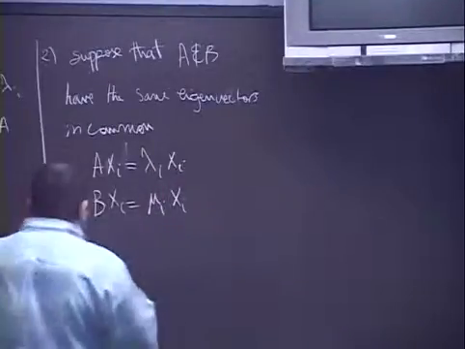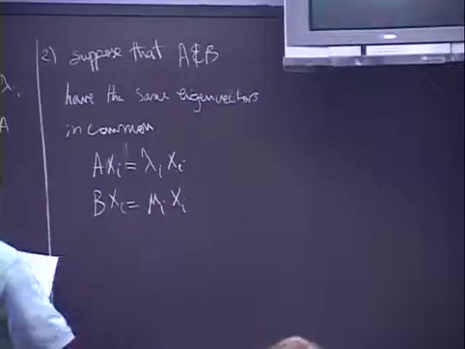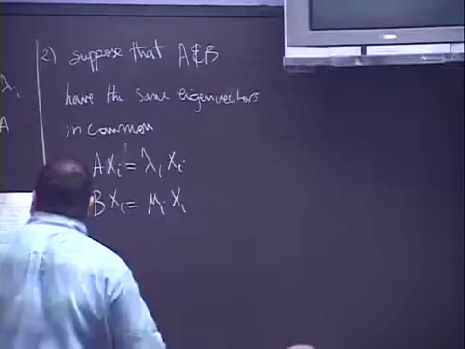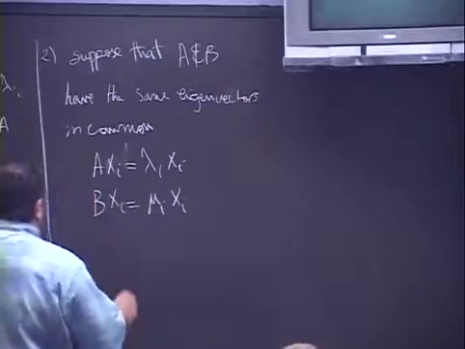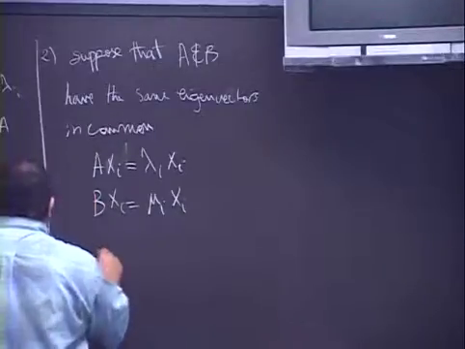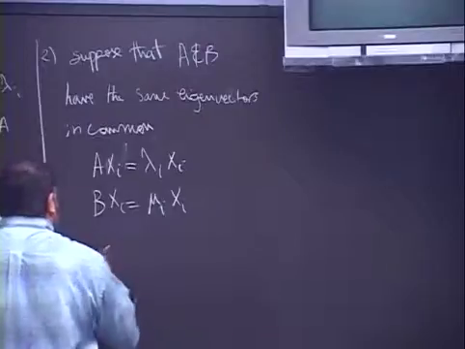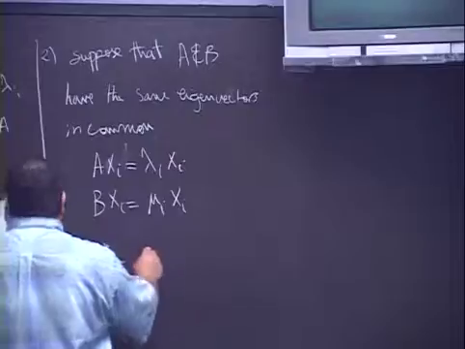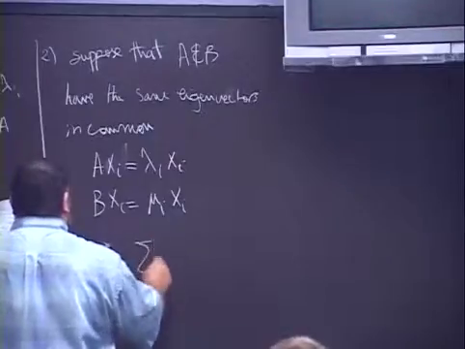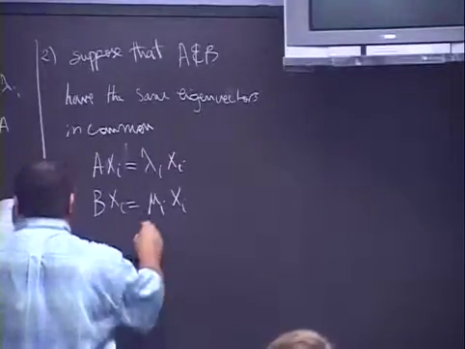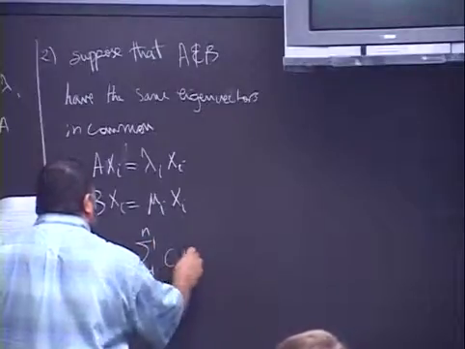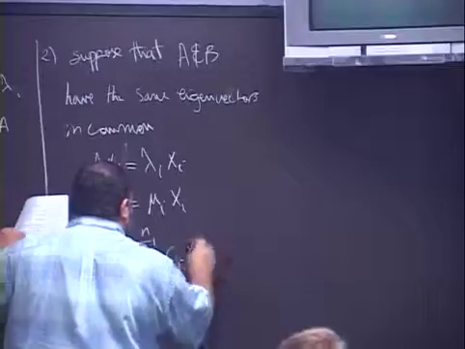These vectors Xi will form a basis for the n-dimensional space. So we can write a vector x, for example, as a linear combination of ci Xi.